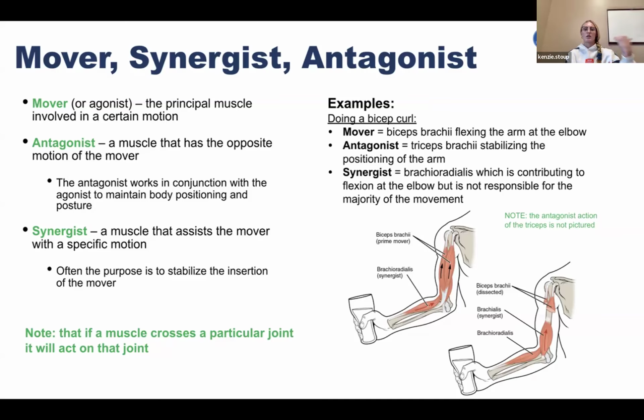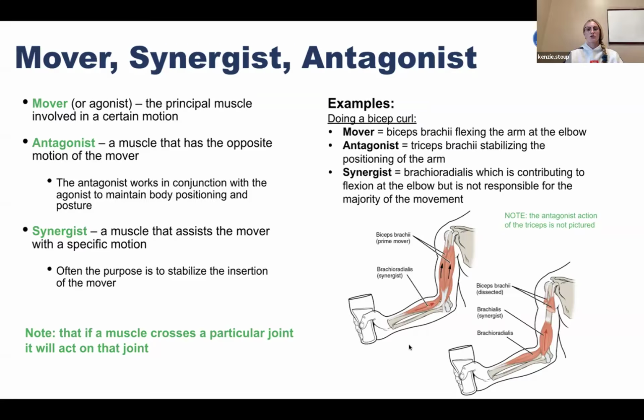So in this example, the major movement is flexion, which is your biceps, and the antagonist would be the triceps, because that's the opposite motion, which does extension. A synergist is something that is stabilizing and helping out that major movement. So in this example, the flexion is the major movement, so a synergist would be either brachioradialis or possibly brachialis.